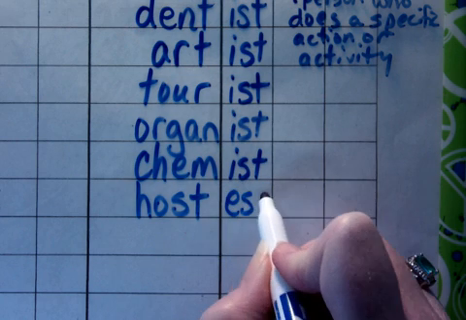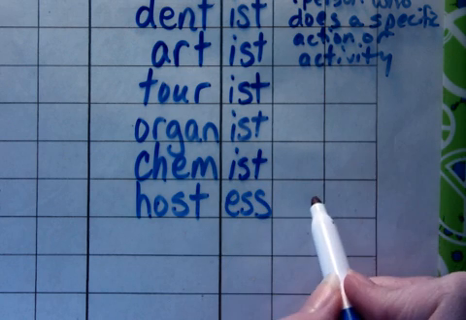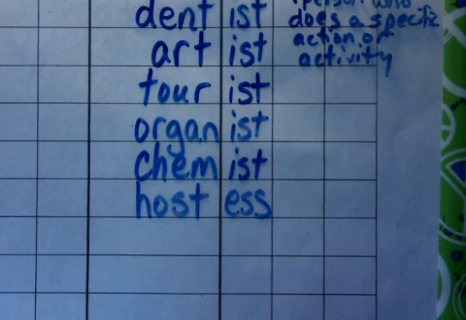S. A person who is a female host. That's when you go to a restaurant. The person who seats you at your table is the hostess. If you go to someone's house for a party, you have a hostess. She's the one in charge of the party. She's the one who is welcoming you to her house. Hostess.